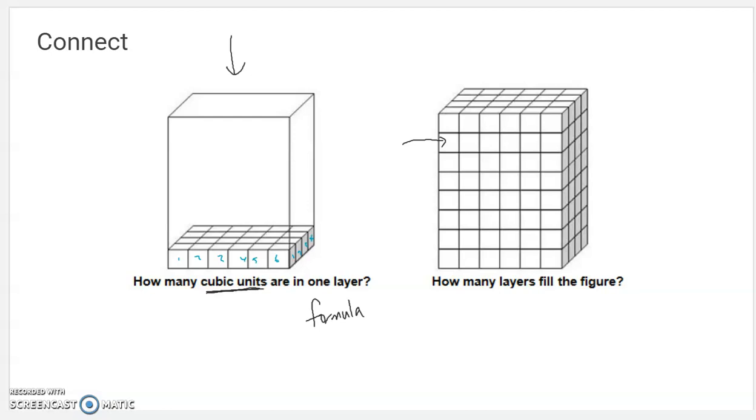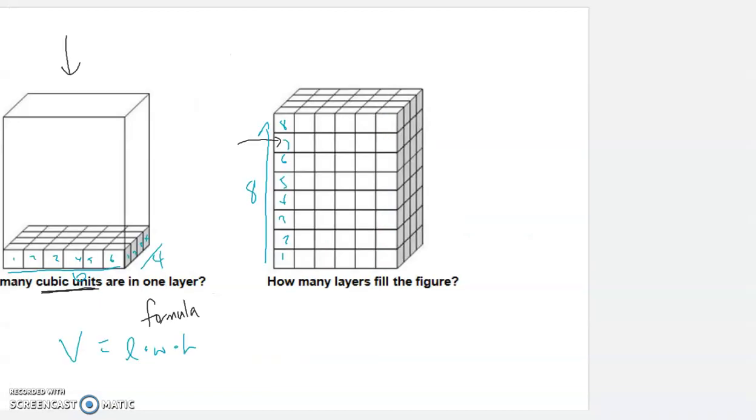Then you could fit up 1, 2, 3, 4, 5, 6, 7, 8. And that formula of length times width times height, 6 times 4 times 8, would give us the volume with a formula, which is nice. So volume equals length times width times height. And that's where you've been so far with volume.